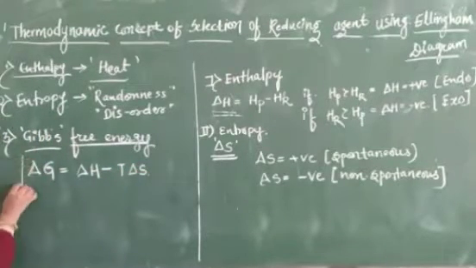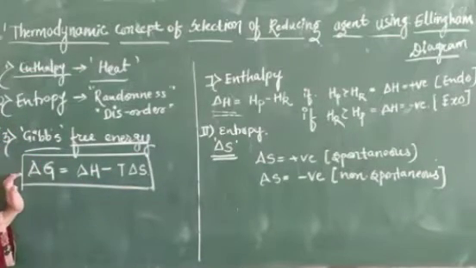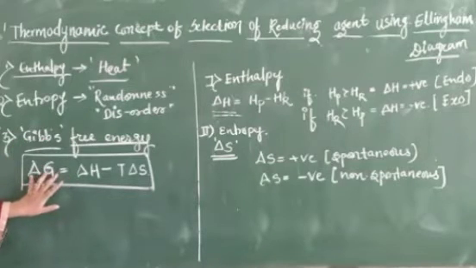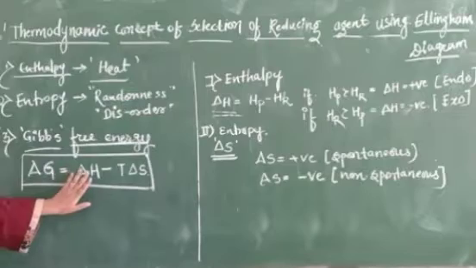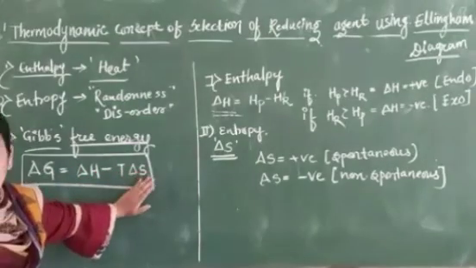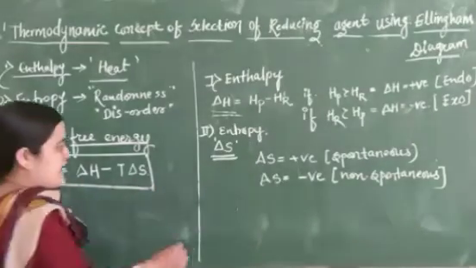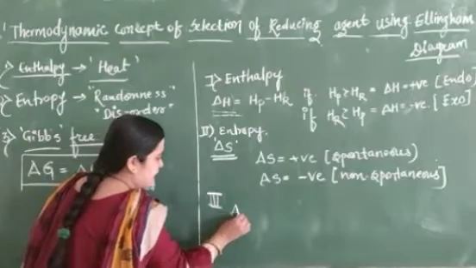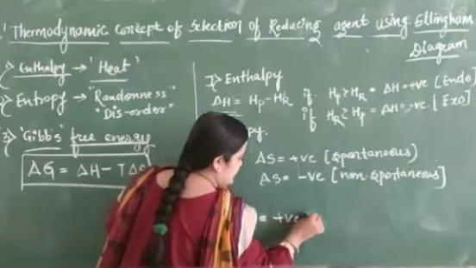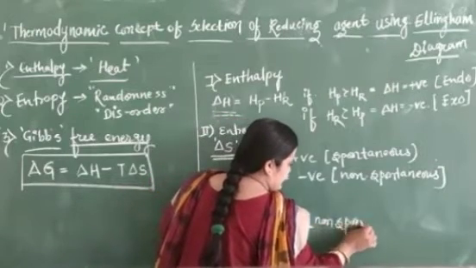Okay, this is the equation for Gibbs free energy. What is the Gibbs free energy? It is the difference between the enthalpy of the system and the product of absolute temperature and entropy, and it is denoted by the letter delta G. When delta G is positive in nature, the reaction is non-spontaneous in nature.